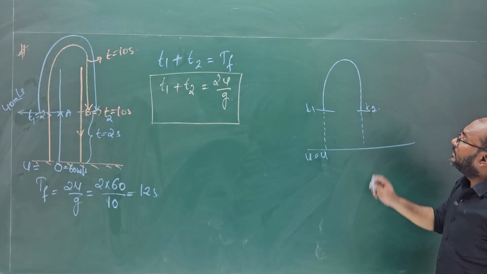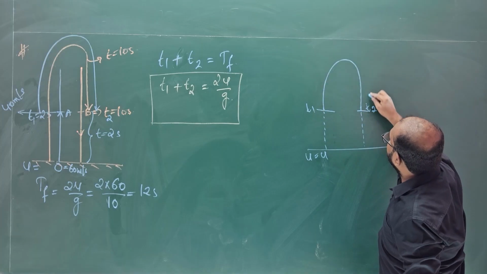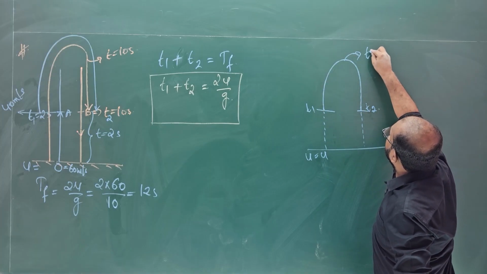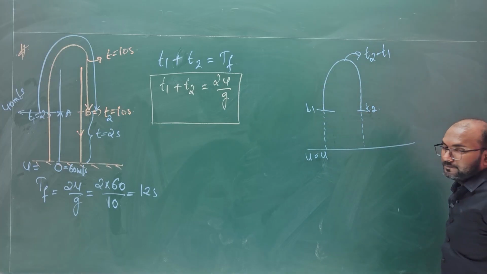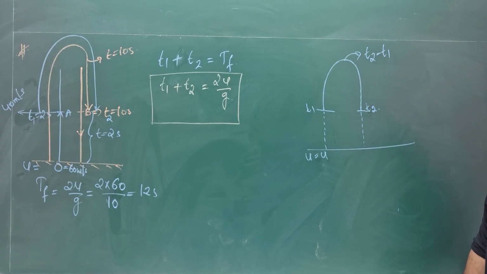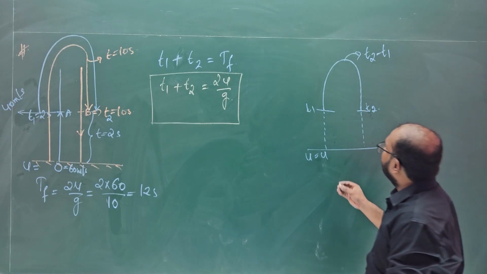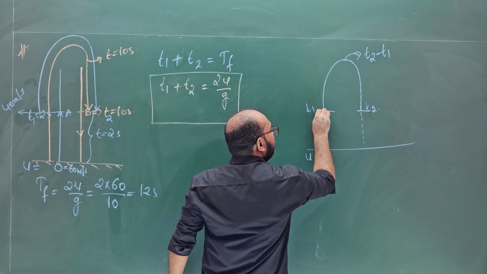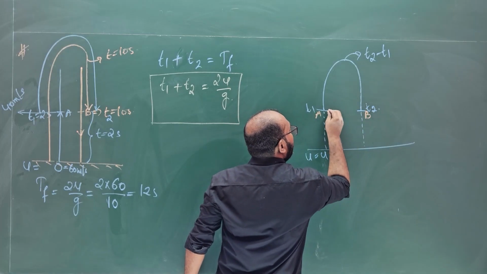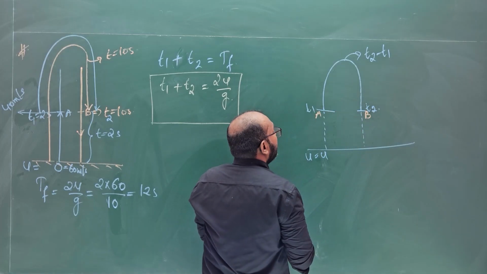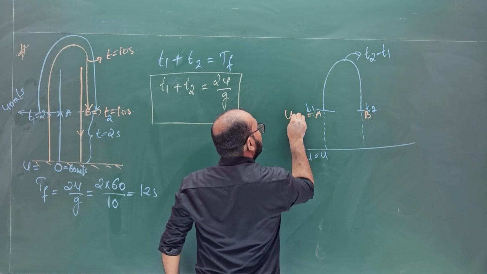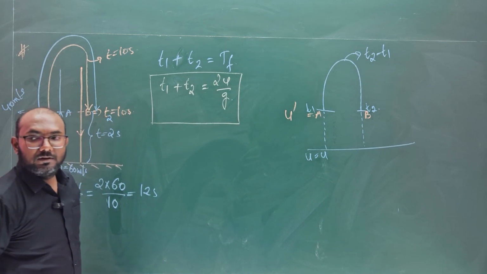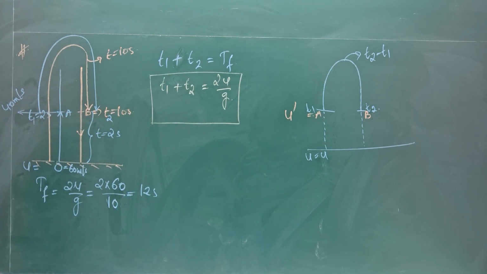The time value from here to here is nothing but T2 minus T1. Can I consider at point A, this is your point B, at point A, can I say that the velocity is u dash?